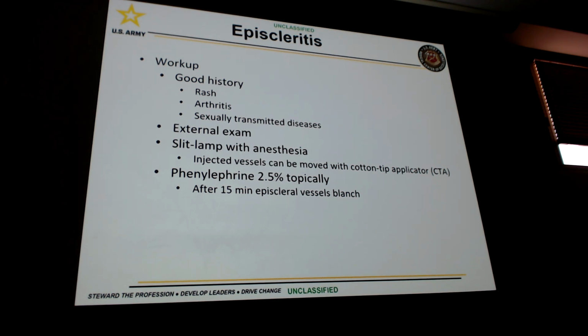All of the redness is going to disappear, the vessels will shrink up, and the episcleritis is going to be gone until the phenylephrine wears off, and then it'll come back. And that is how you diagnose episcleritis. You use 2.5% phenylephrine, the vessels will blanch, and then you know it's episcleritis and not an underlying scleritis.